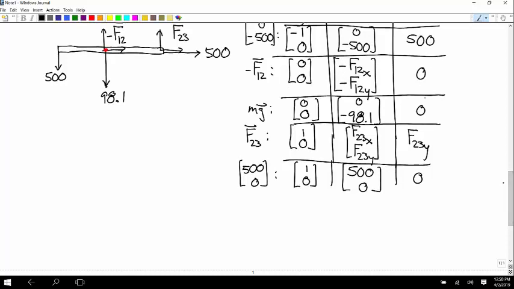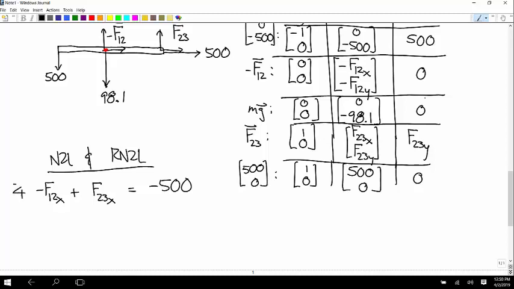So we're going to do Newton's second law and the moment equation. I'm just going to add up the x components in the force column, move any constants over to the other side. So we have 0 minus F12x plus 0 plus F23x is equal to negative 500.